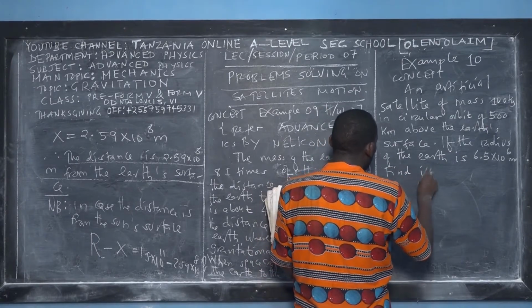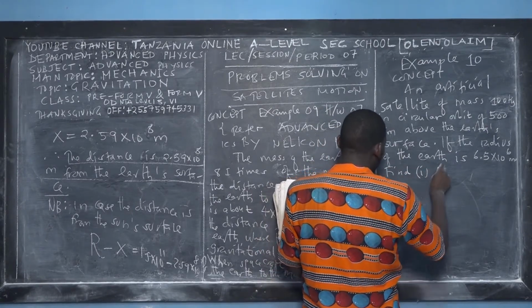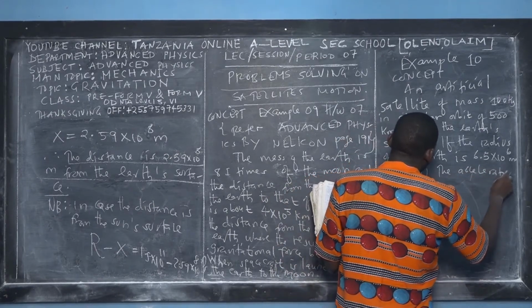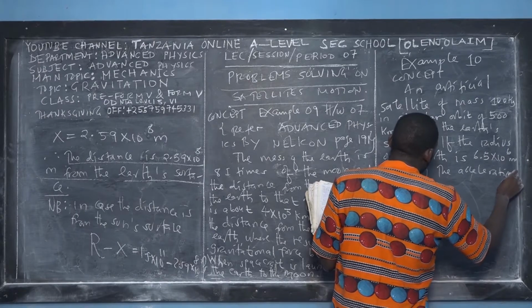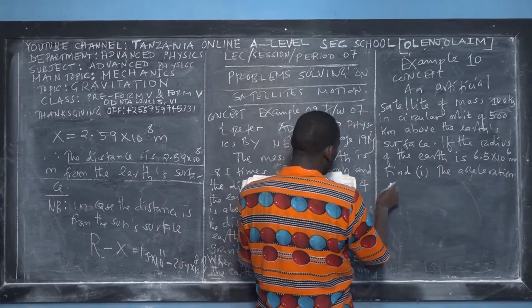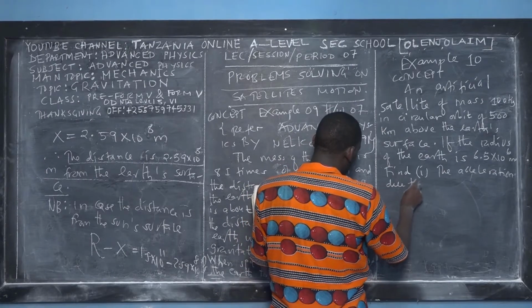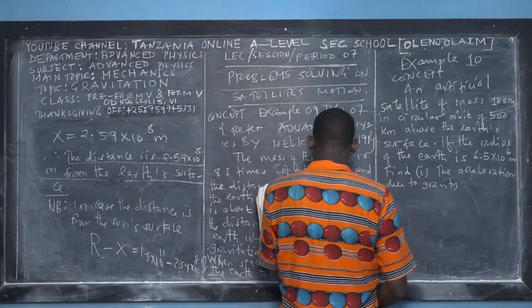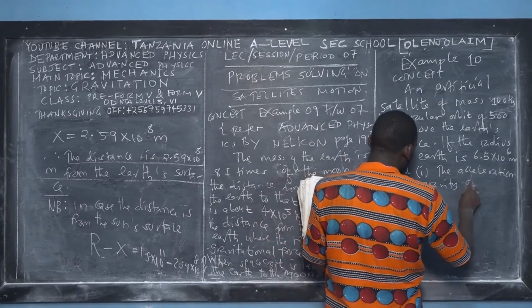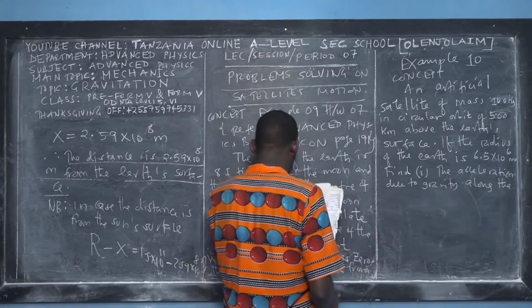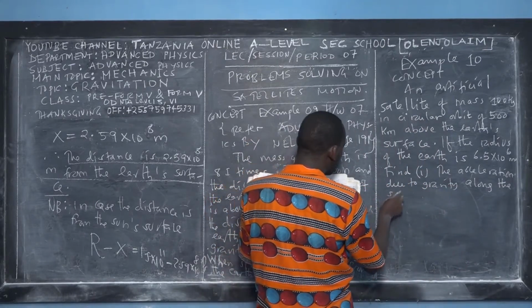Roman 1, the acceleration due to gravity along the satellite orbit.